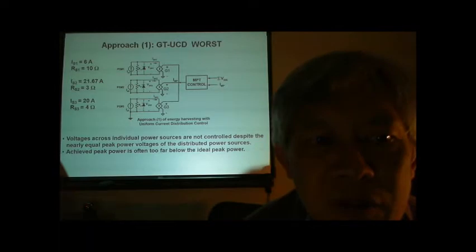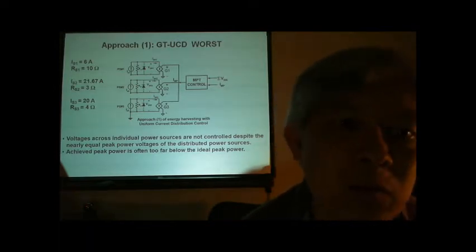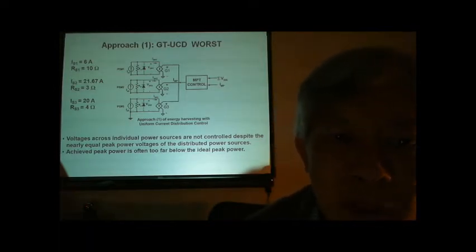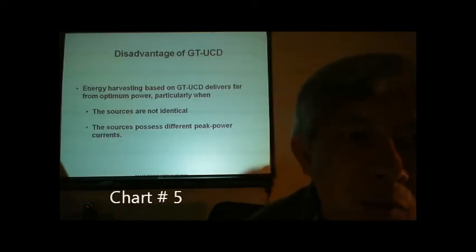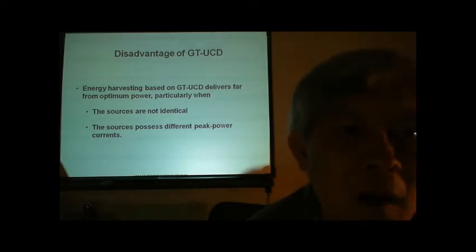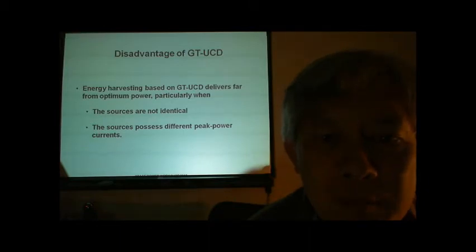As a result, the achieved peak power is often too far below the ideal peak power. Disadvantage of the group tracking uniform current distribution is it delivers far from optimum power, particularly when the sources are not identical, or the sources possess different peak power currents.